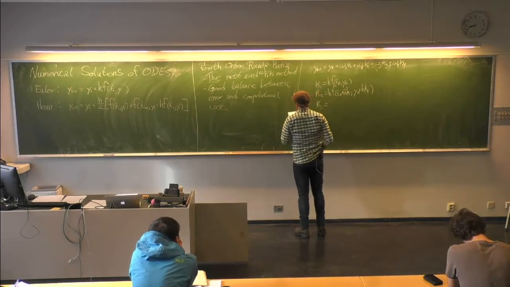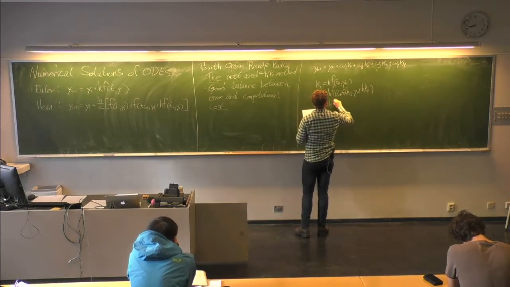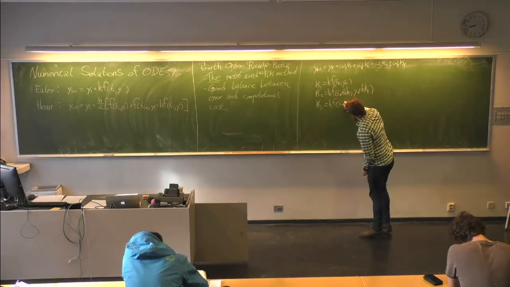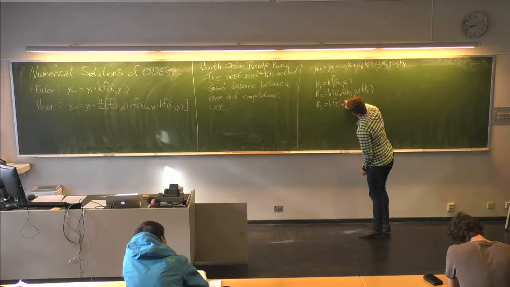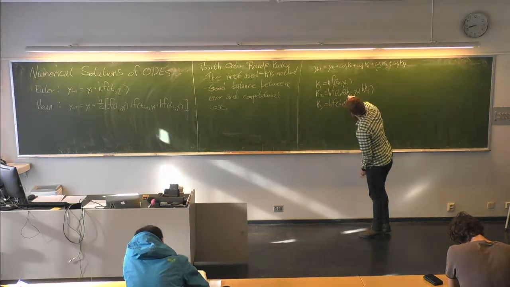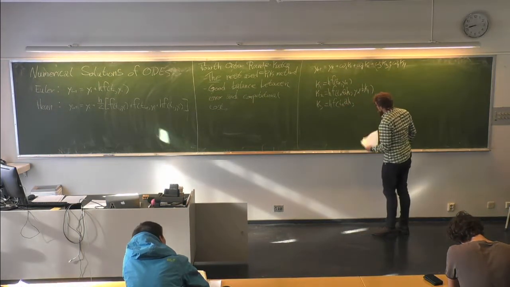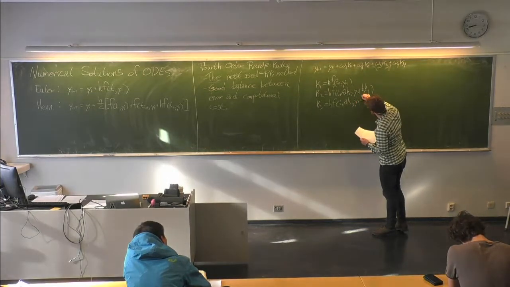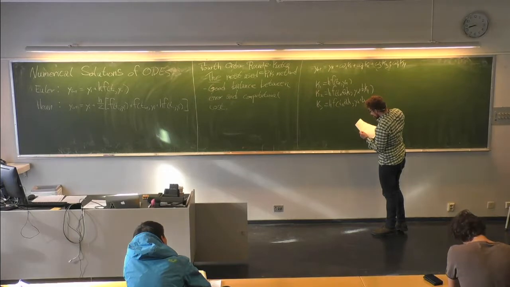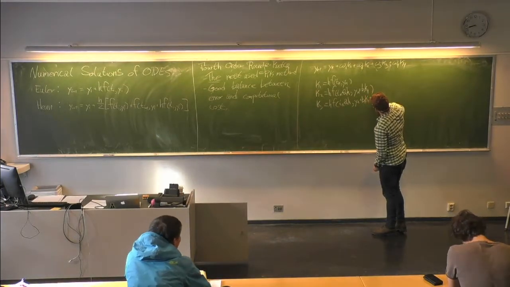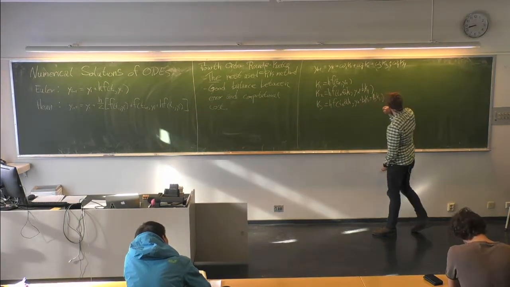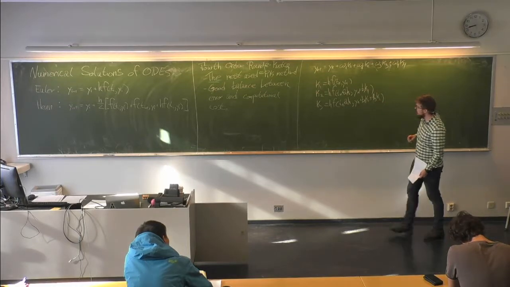K3 we're using K2 in this: t_k plus a2 h, y_k plus b2 K1 plus b3 K2. We're using the two previous ones.